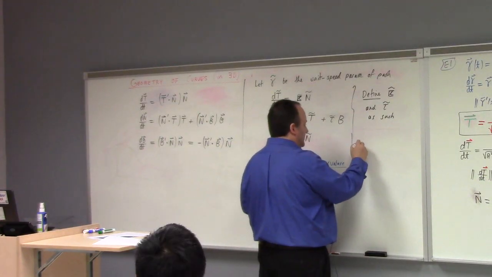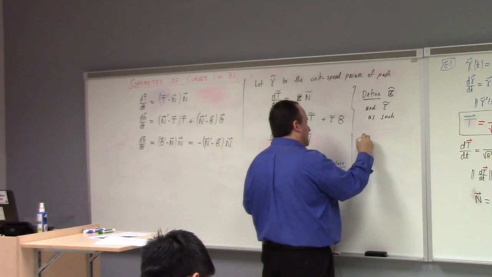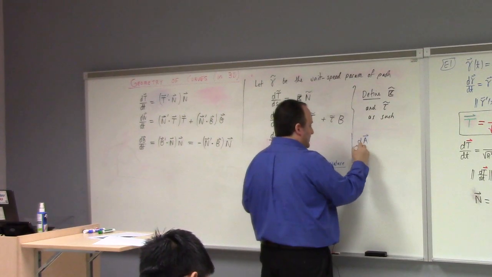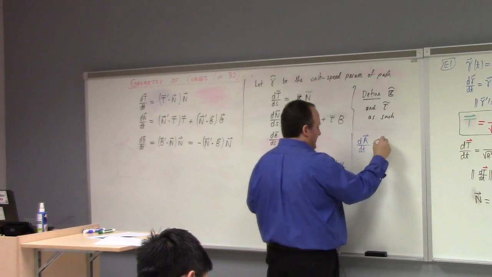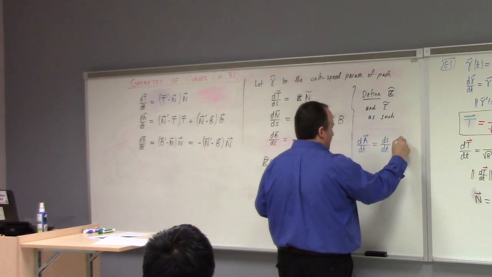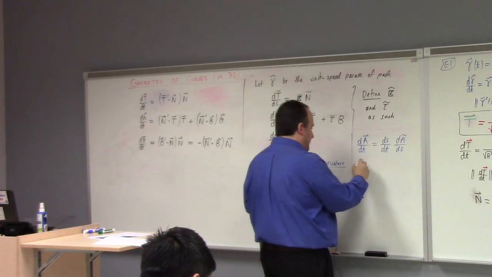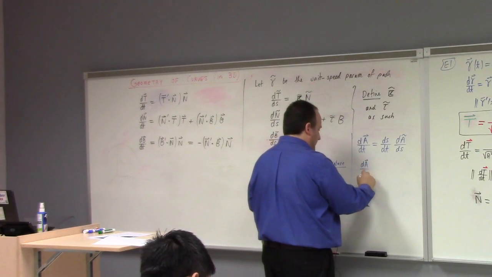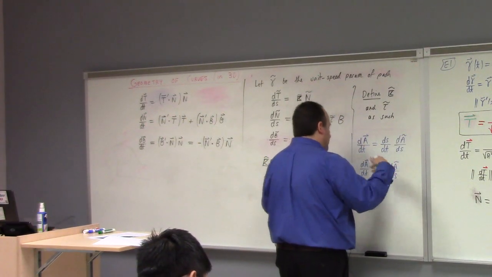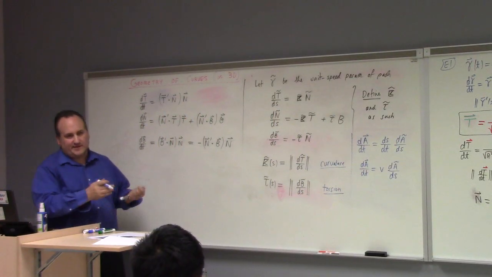If I have a vector field, let's say A, as a function of t, I can rewrite that as ds dt times dA tilde ds in our notation. So the time derivative of a vector field is the speed times the unit speed derivative of the reparameterization of the vector field with respect to the arc length.